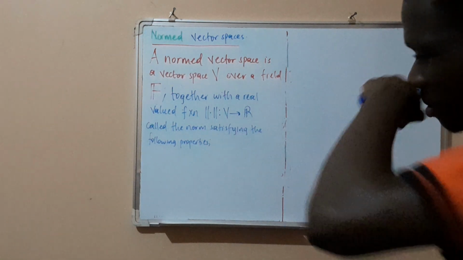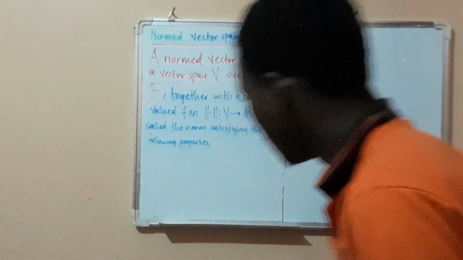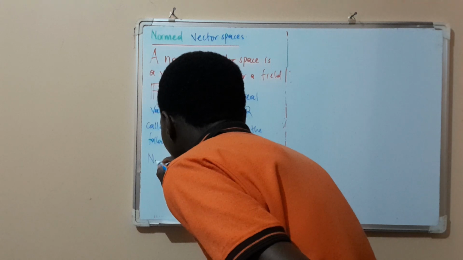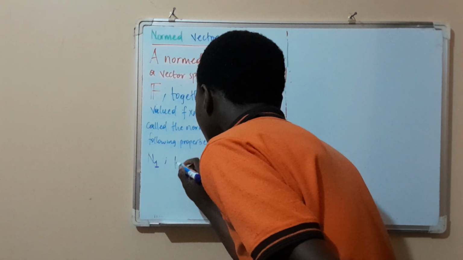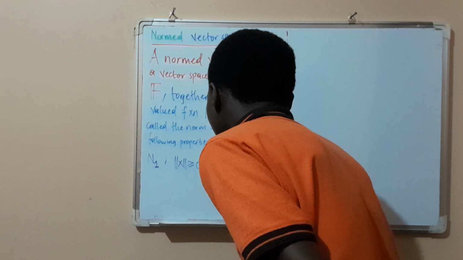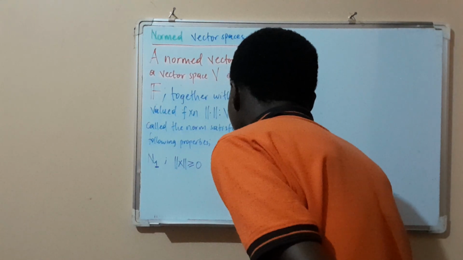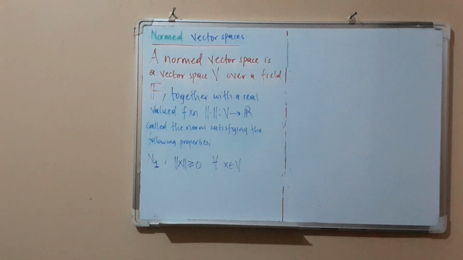Now we have the first property, which is a property of definiteness. Property 1, which I'm calling N1: the norm of x should be non-negative for all x in V. That is the first property.